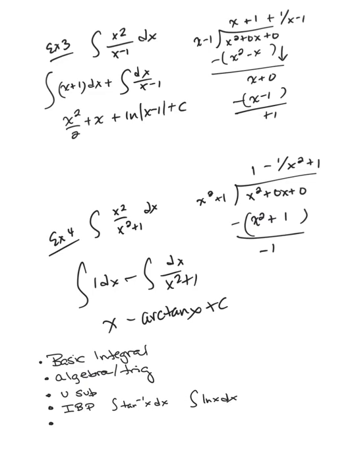Then you have your partial fraction decomposition. You're going to use that when the order of the numerator is less than the order of the denominator, and there's no other technique you can use. And then last, we have long division.